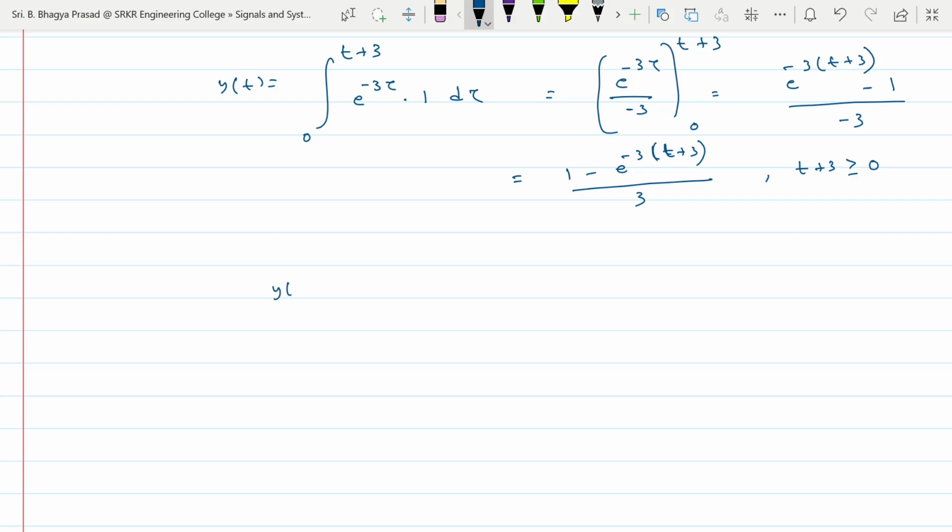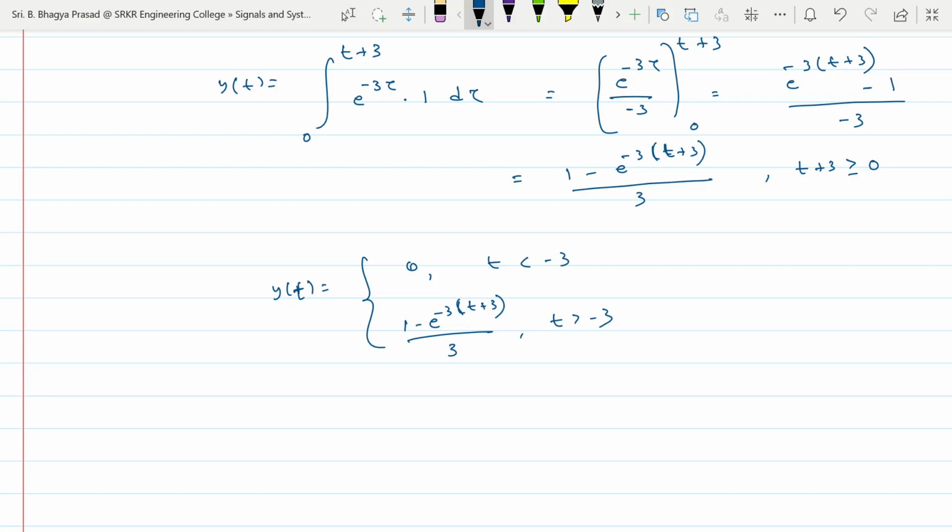So the consolidated output y of t equals 0 for t less than minus 3, and (1 minus e power minus 3 (t plus 3)) by 3 for t greater than minus 3.